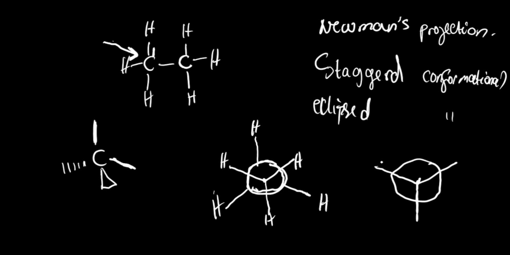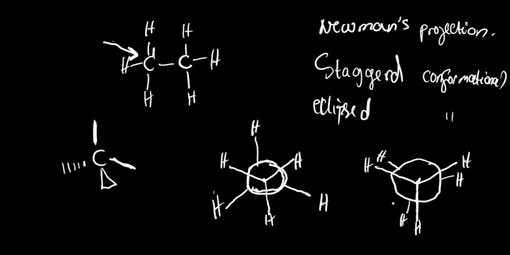Then we have a hydrogen here, hydrogen here, hydrogen, and now to the carbon 2, which is behind. The atoms bonded to the carbon 2 are eclipsed by the atoms bonded to the carbon 1. So we have something that looks like this. Now this is another conformation, the eclipsed conformation.